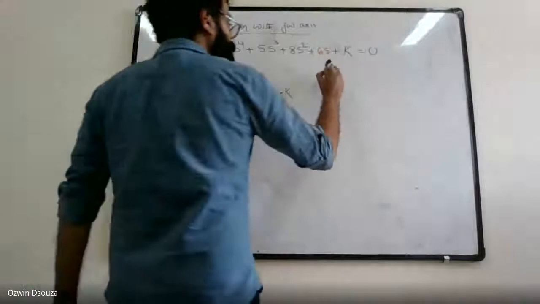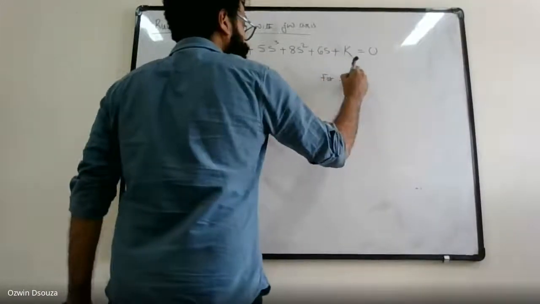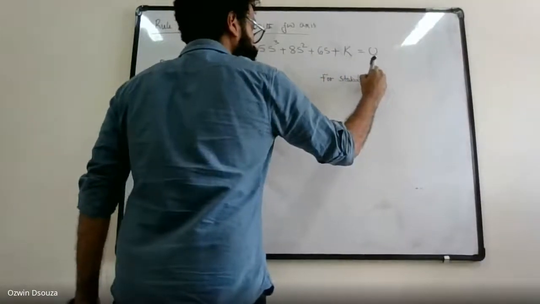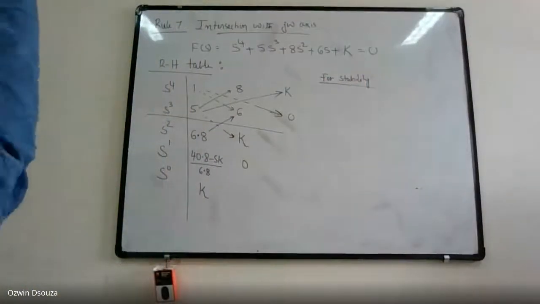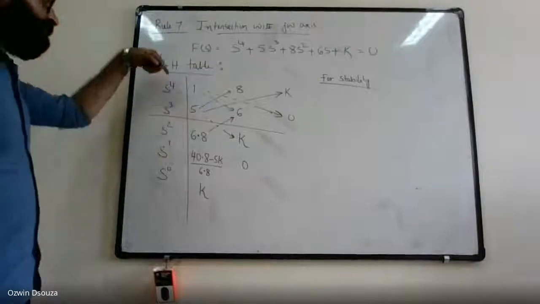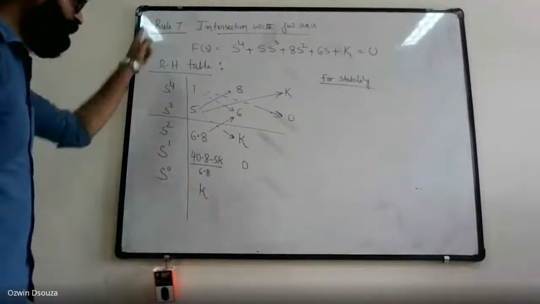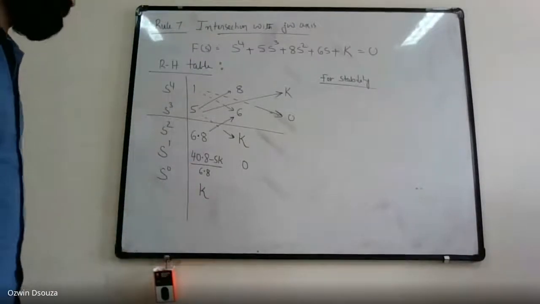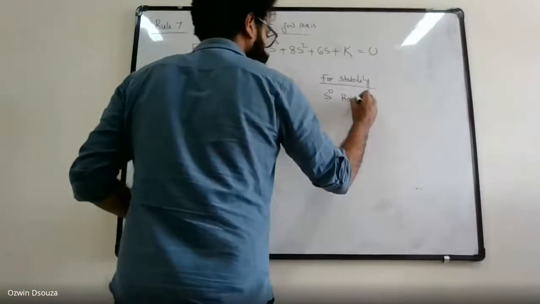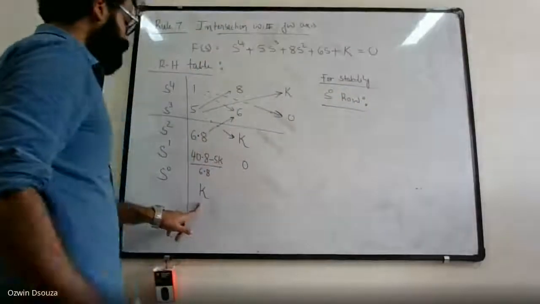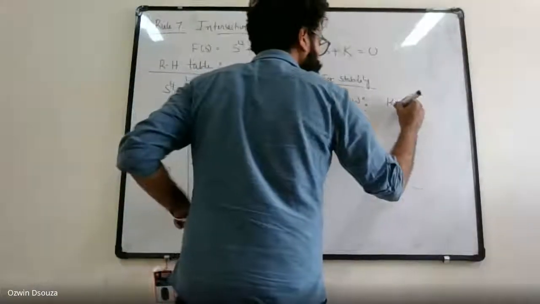From the RH table, for stability you would want your first column entries to have the same sign. It starts from +1, so all first column entries should be positive. From the s to the power 0 row, K should be greater than 0.